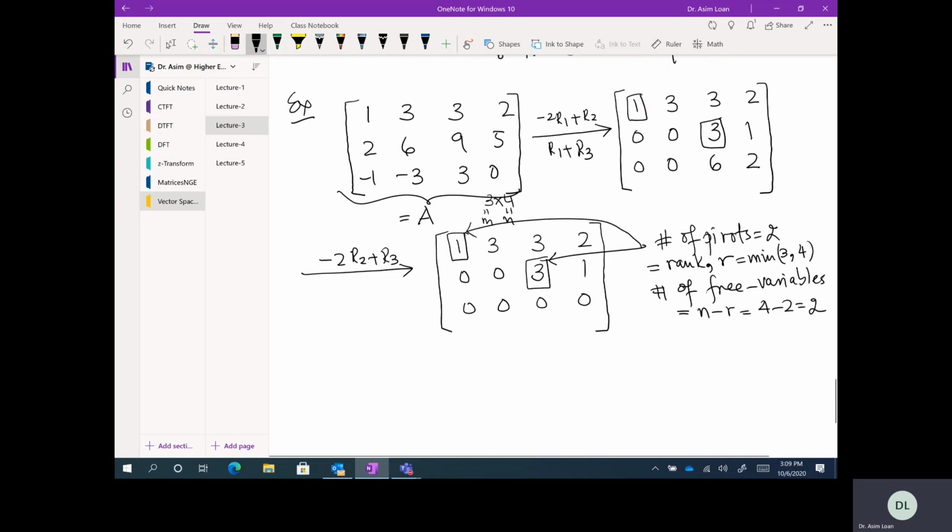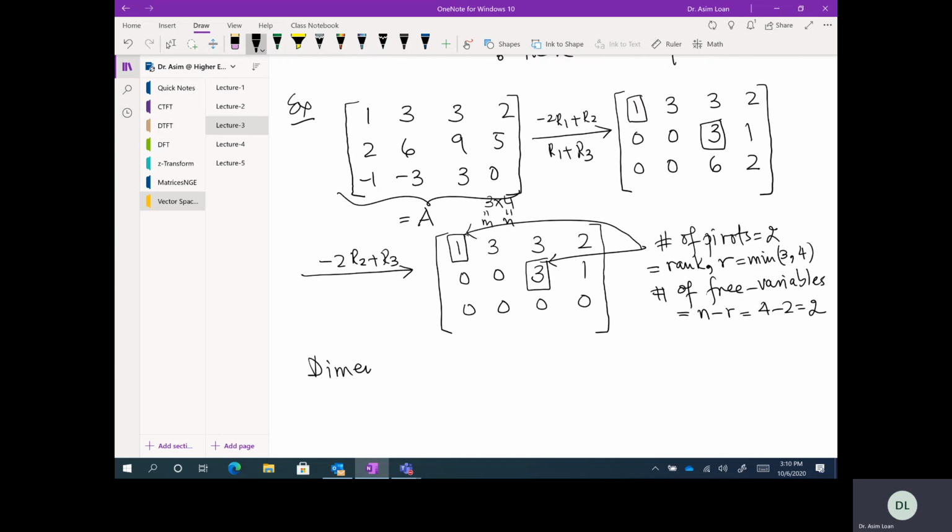So dimension, I have not done dimension, so I don't want to write dimension right now.